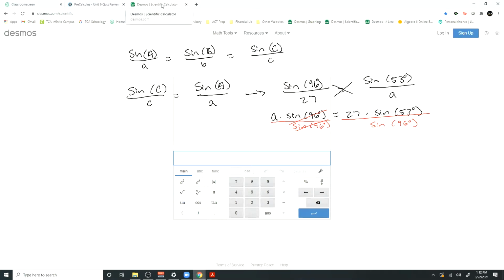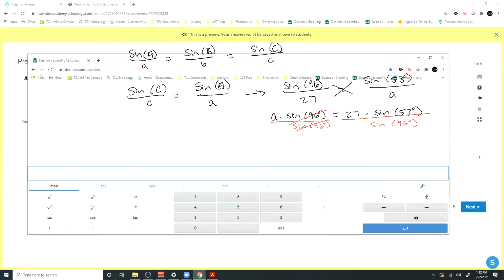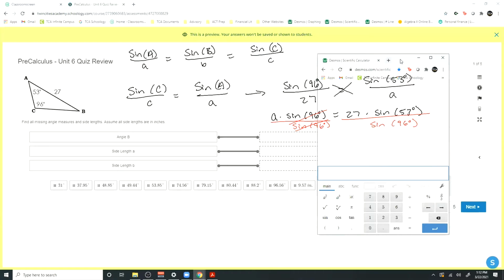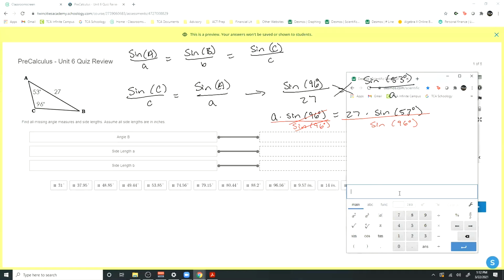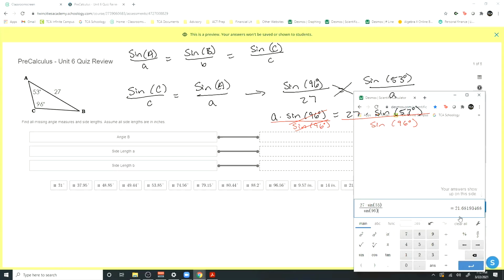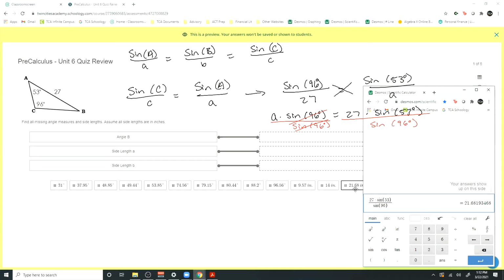Let's go to the Desmos scientific calculator here and plug that in right away. So make this a fraction, and on the top, 27 times the sine of 53, over the sine of 96. And we get a is equal to 21.68 inches, which matches one of the available choices that we have.